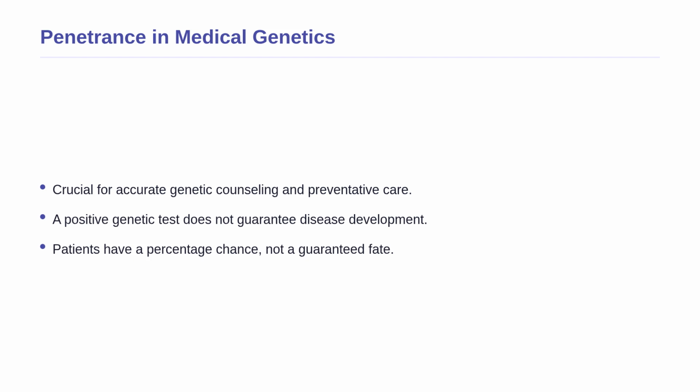They will immediately want to know if they are definitely going to get sick. Because of incomplete penetrance, a doctor can explain that having the gene only gives them a certain percentage chance of developing the condition, not a guaranteed fate. This knowledge helps patients make informed decisions about preventative care without causing unnecessary panic.